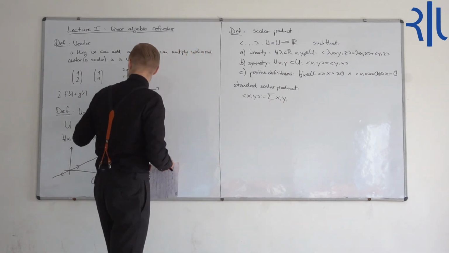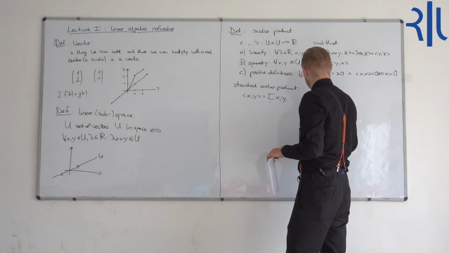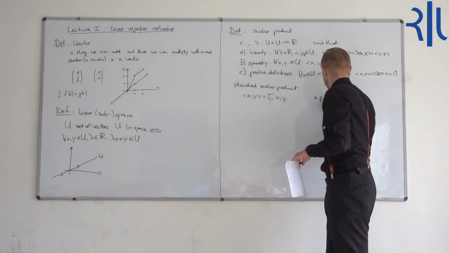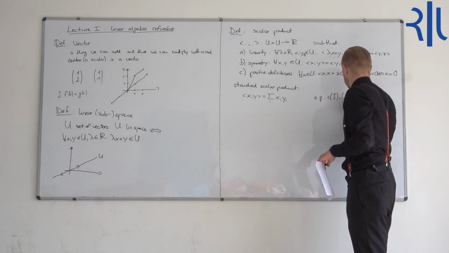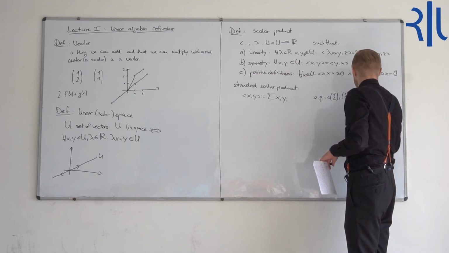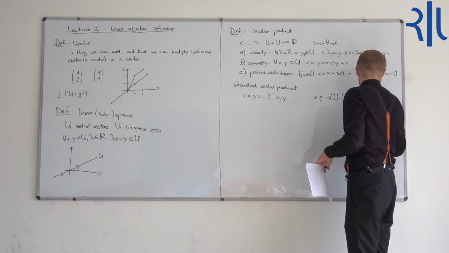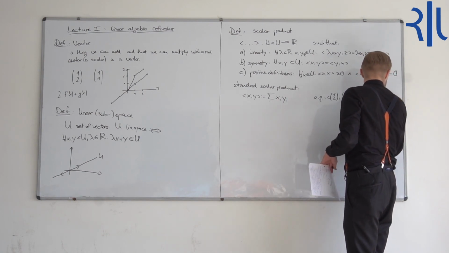So, for example, calculating the scalar product of these two vectors would then be 1 times 2 plus 1 times 1 equals 2 plus 1 equals 3.